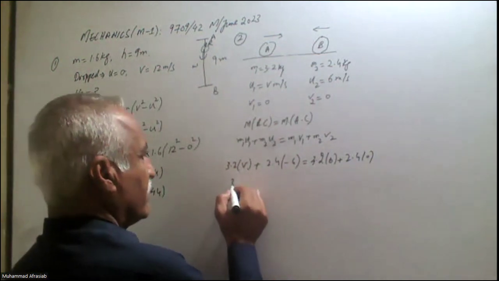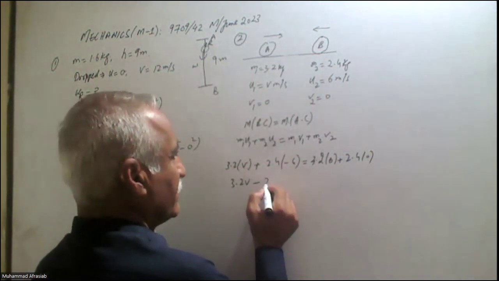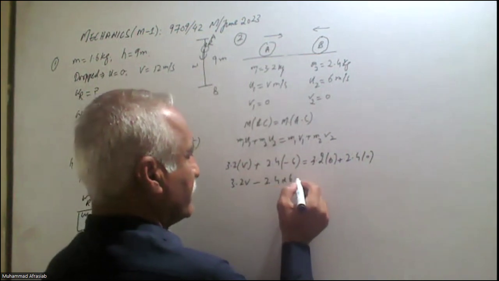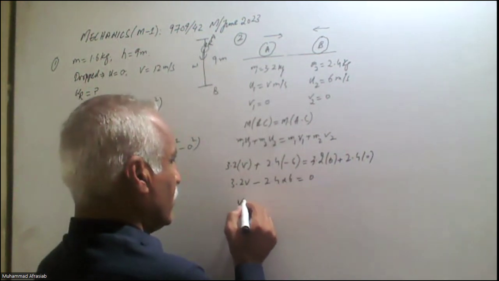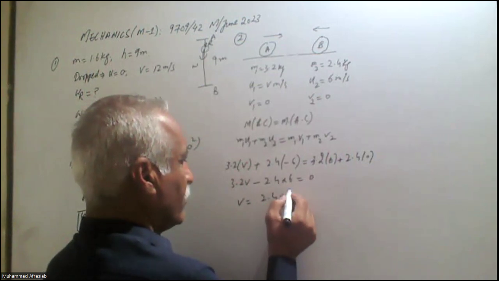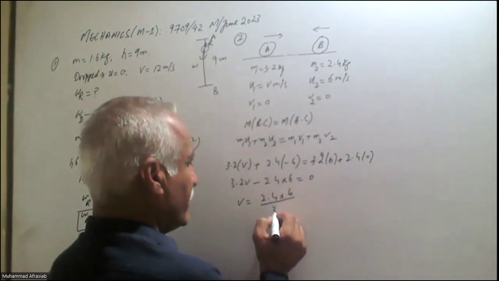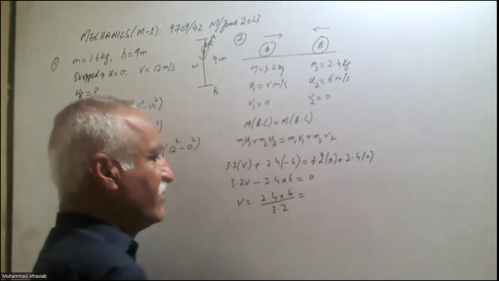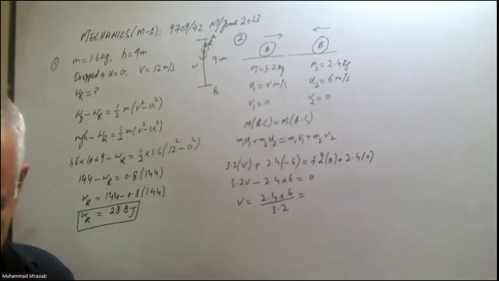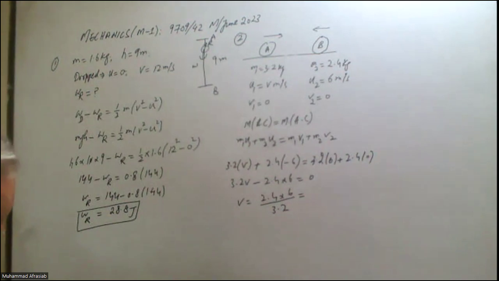So this becomes 3.2v minus 2.4 into 6 is equal to 0, or v is equal to 2.4 into 6 divided by 3.2, and that value is equal to 4.5.